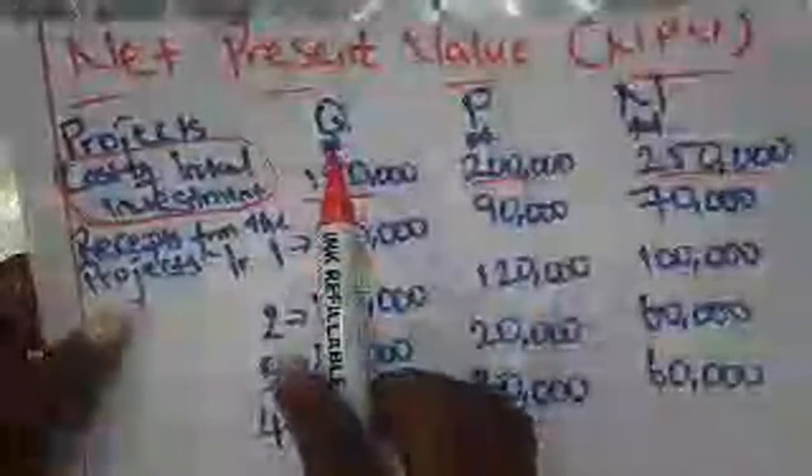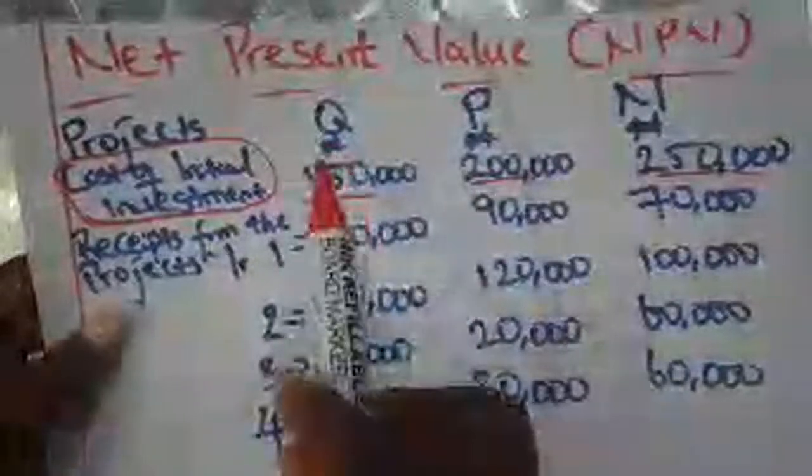So, solution, we're going to pick them one after the other. We'll solve for project Q, solve for project P, and solve for project N. So, the first project here is project Q. So, we are going to solve for project Q first.